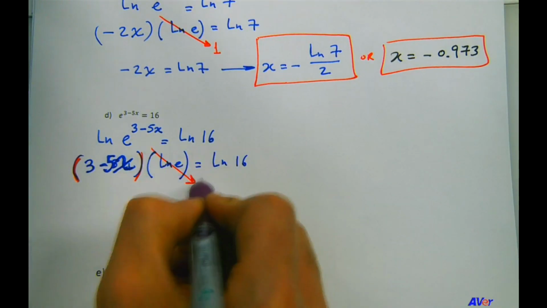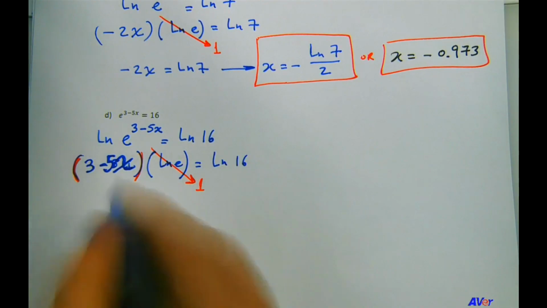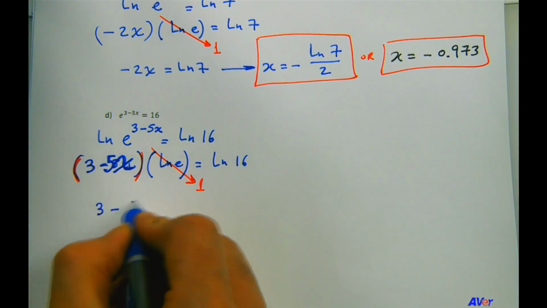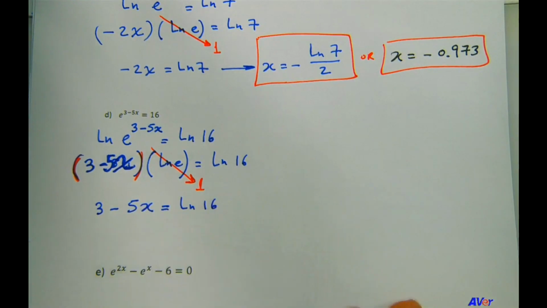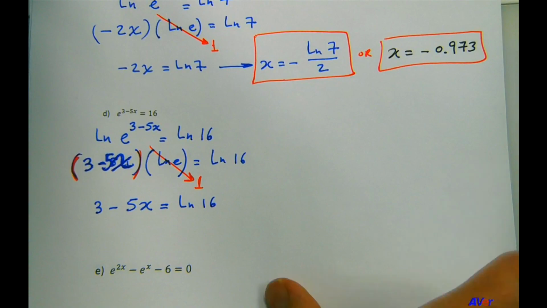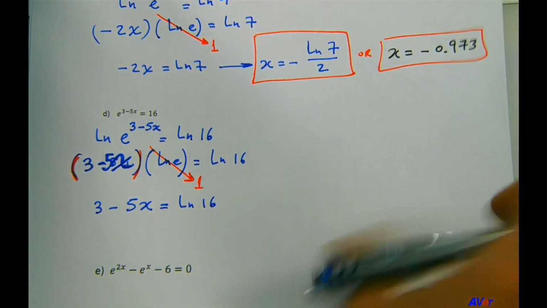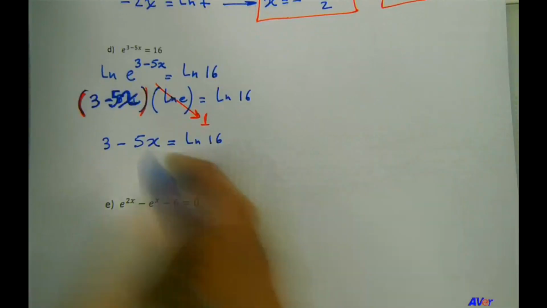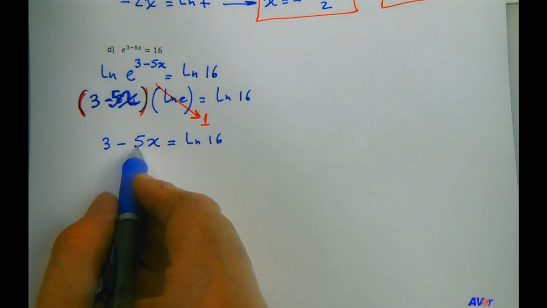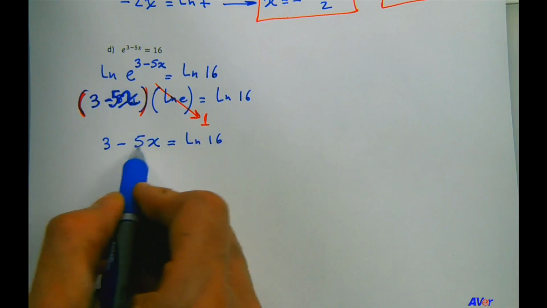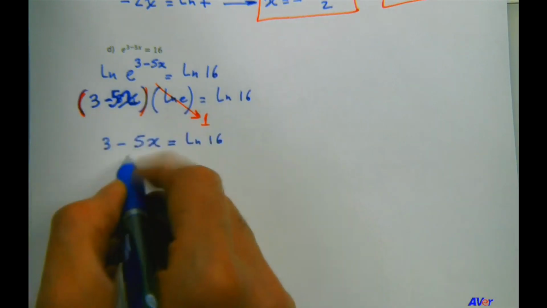Now we know natural log of e is 1. On the left, we have 3 minus 5x equals natural log of 16, right? Then let's move things around so we have positive 5x or negative 5x. It makes no difference.